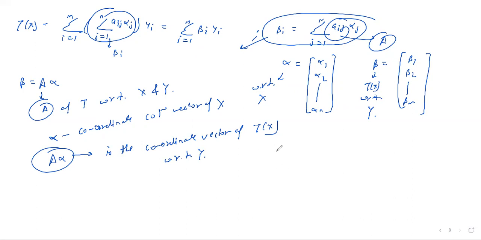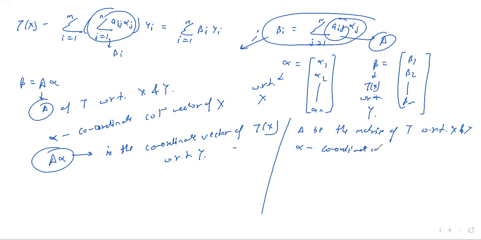Like this you can simply write it: let A be the matrix of T with respect to bases x and y, and alpha the coordinate column vector of x with respect to basis x, and A alpha is the coordinate vector of Tx, the image of this vector, with respect to y.